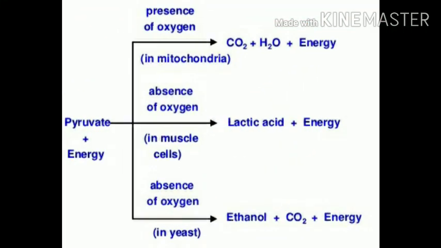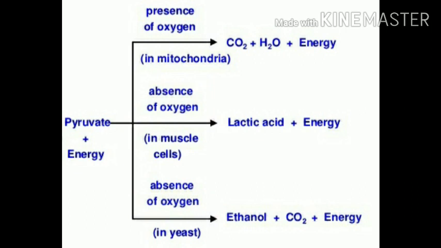The fate of pyruvic acid formed during respiration depends on whether oxygen is present in the cell or not. If oxygen is present in the cells, the pyruvate is completely oxidized to carbon dioxide and water with the release of a large amount of energy in the form of ATP.